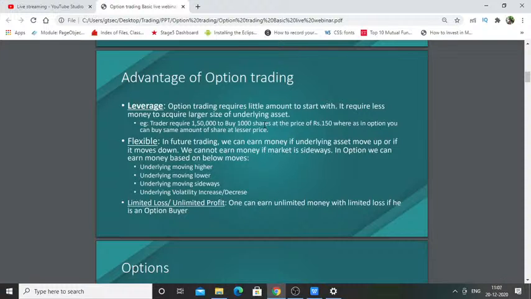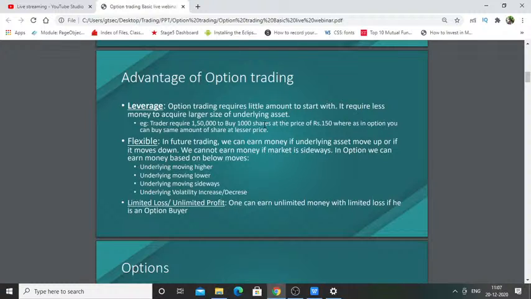But in options, you can make a profit even if the stock is moving higher, or moving lower, or trading sideways, meaning the stock is not moving anywhere and is trading flat at 150. Even then you can make a profit. Or even if the underlying stock's volatility increases or decreases.